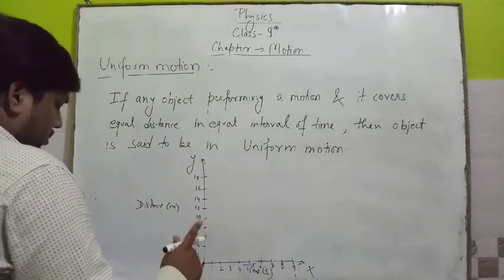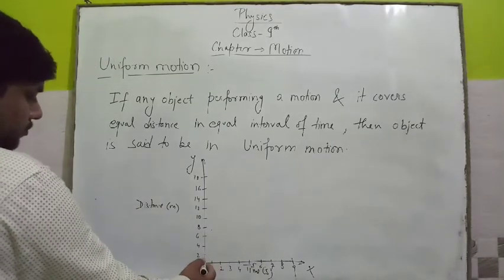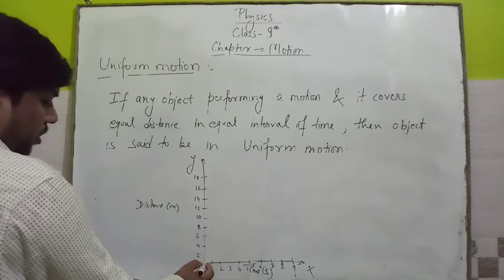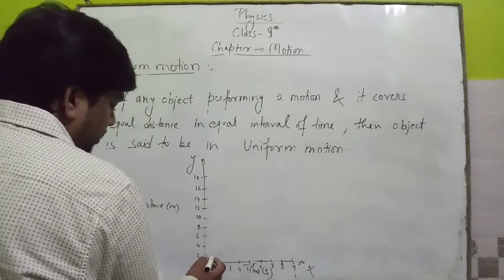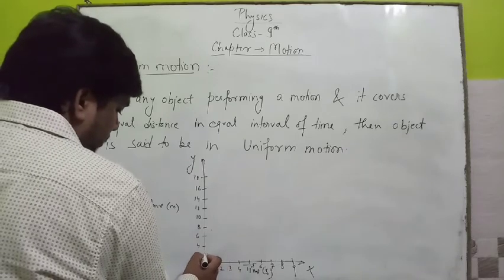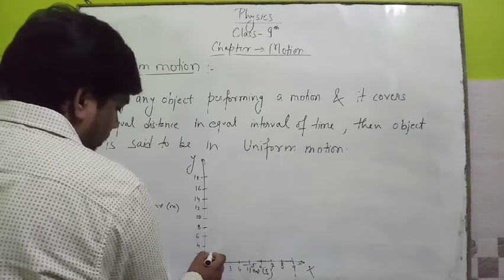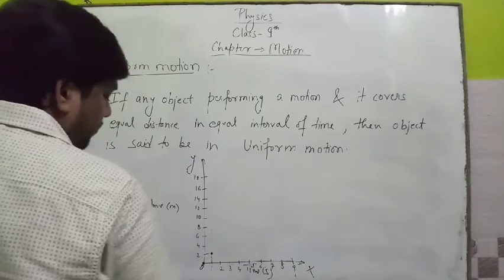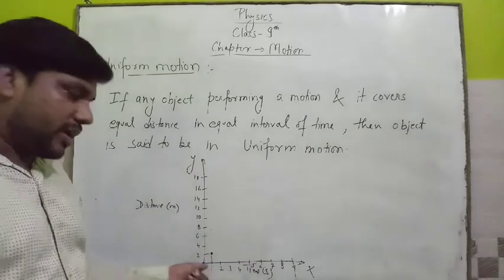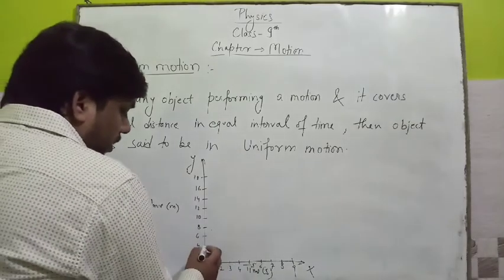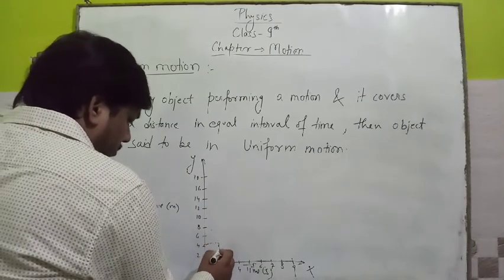Now suppose that an object performing a motion covers 2-meter distance in 1 second, so you mark a cross like this here. The object covers a distance of 2 meters in 1 second and then it covers 4 meters in 2 seconds.